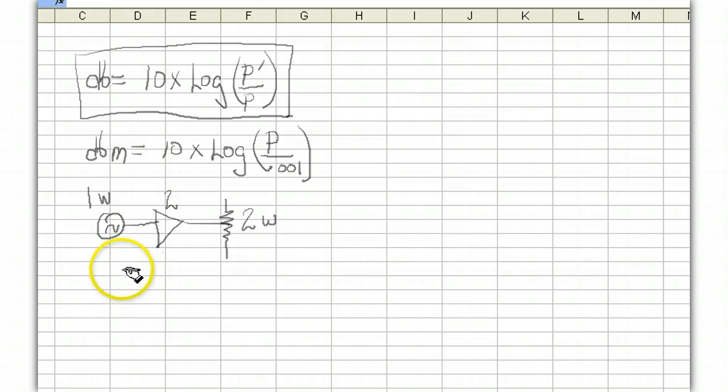All right, now let's go figure out its gain in dB. So we just plug in the numbers. So its gain in dB is equal to 10 times the log of the power out 2 over the power in 1. If you do the arithmetic, this turns out to be 3 dB.